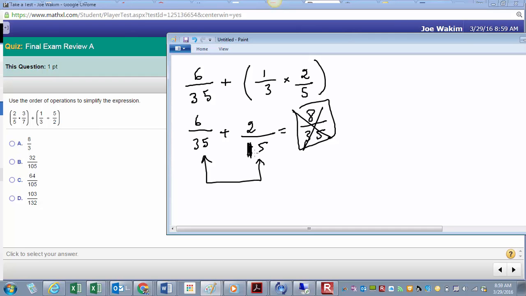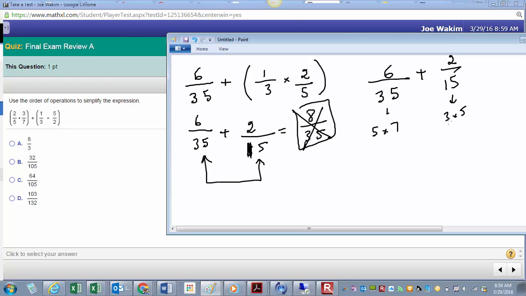I get to find the common denominator now, so let me rewrite this over here again. 3 over 35 plus 2 over 15. Now, this is 3 times 5, and this is 5 times 7. Notice we have 5 common factors, so we don't have to use the 5 twice, but we have to use the 3 and the 7.